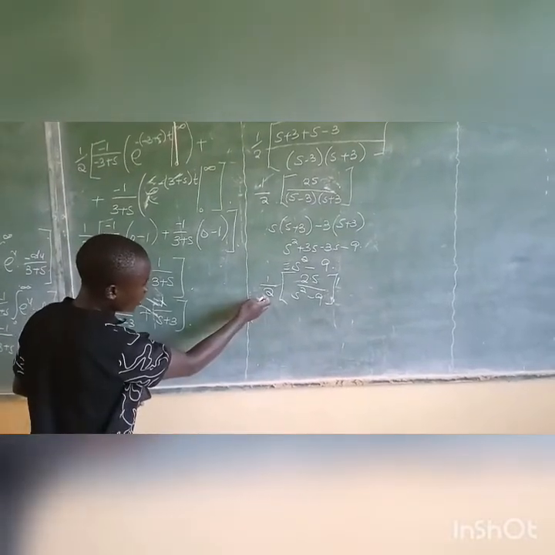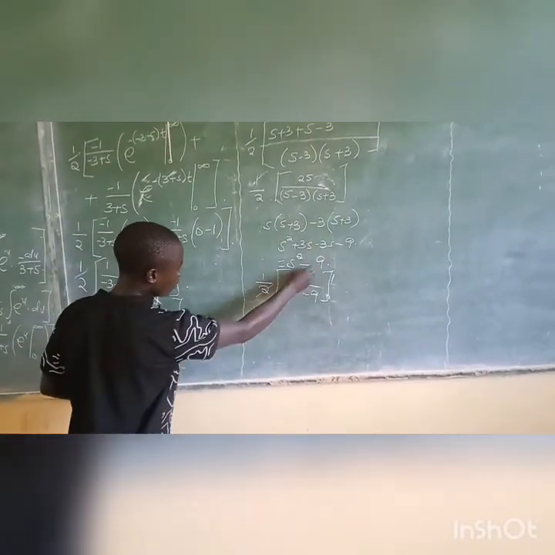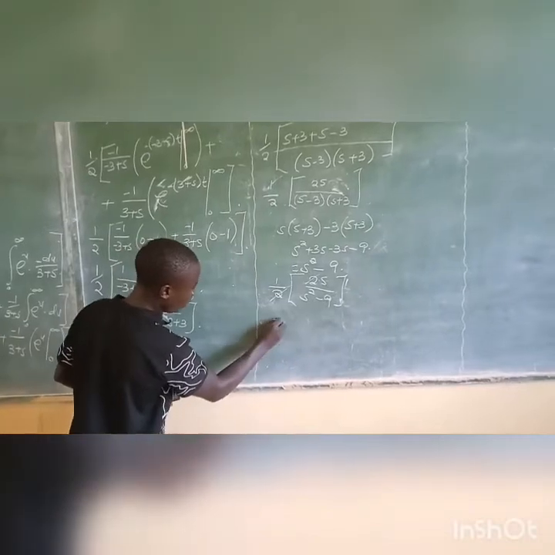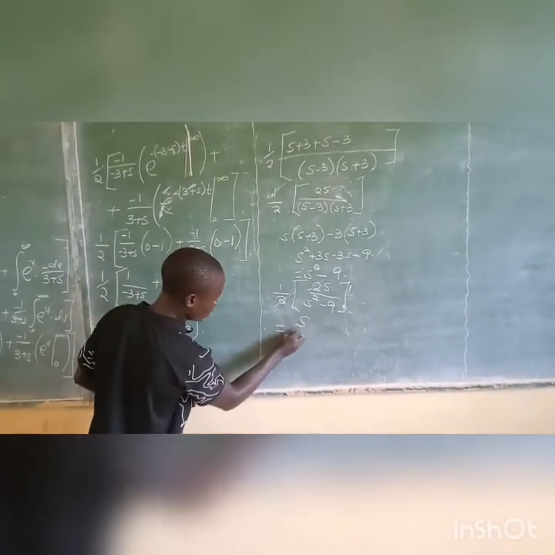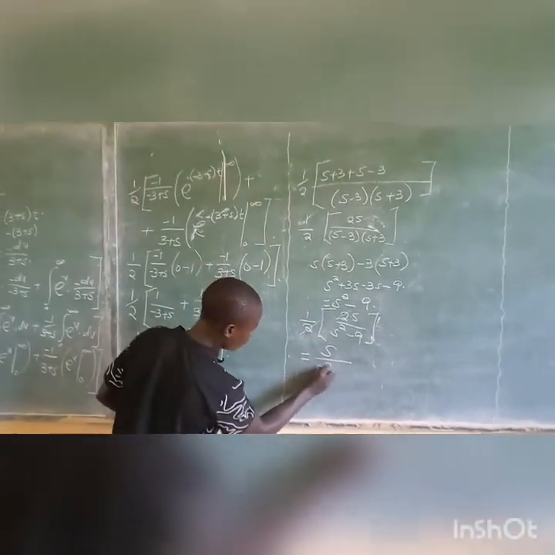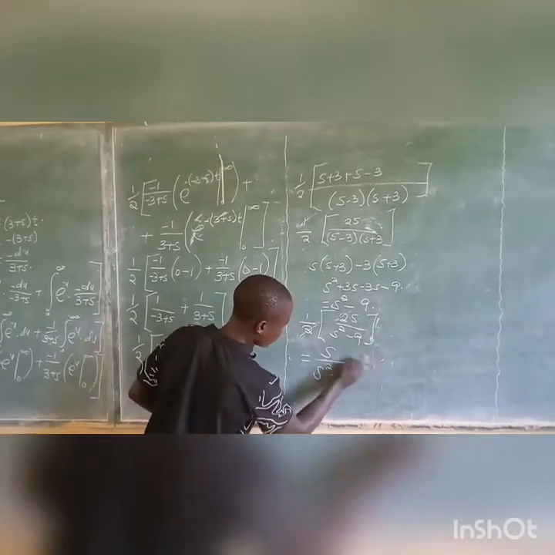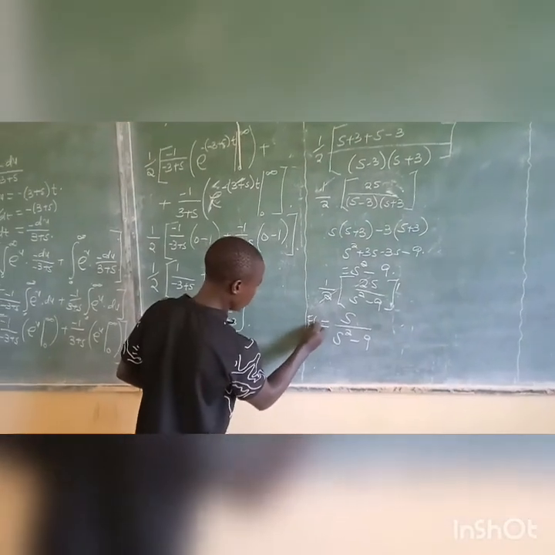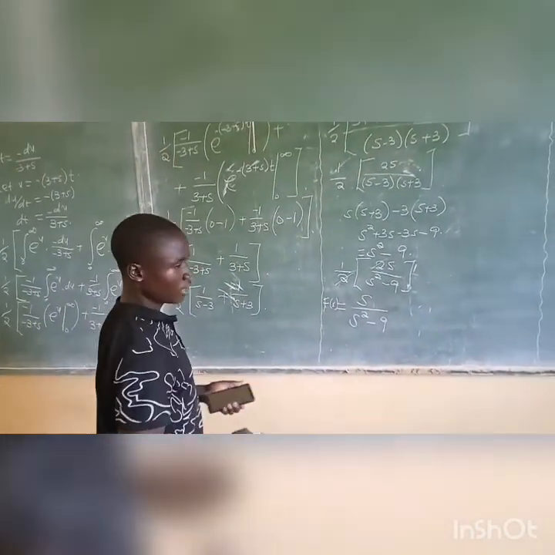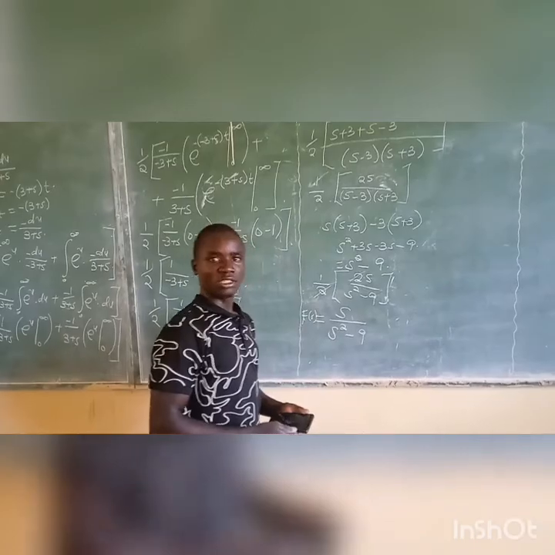Remember there is a half, so this one will cancel with the 2 here. So our final is s over s squared plus 9. So this is our f of s of cos 3t. Thank you for watching the video.